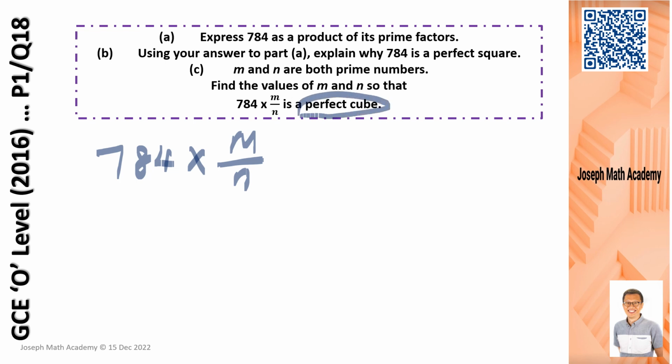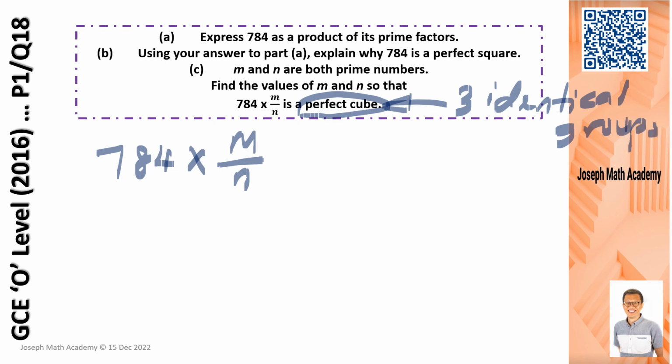Now, a perfect cube, we extend from the perfect square idea. A perfect cube will have 3 identical groups. A perfect square has 2 identical groups. A perfect cube will have 3 identical groups.